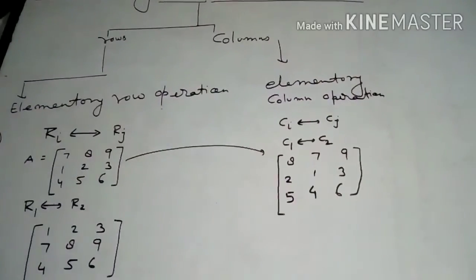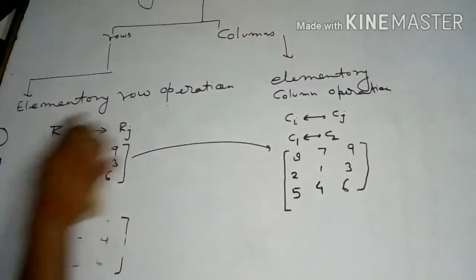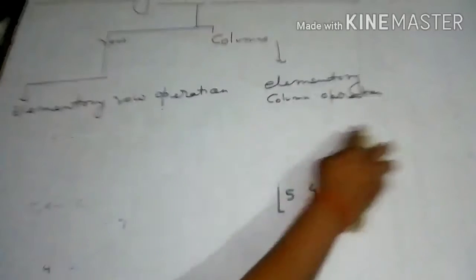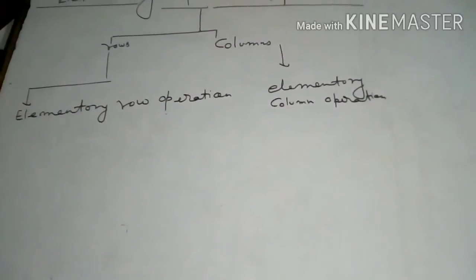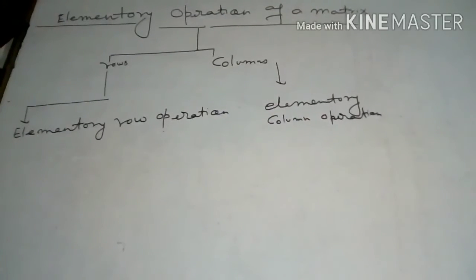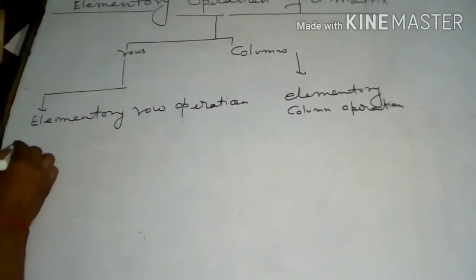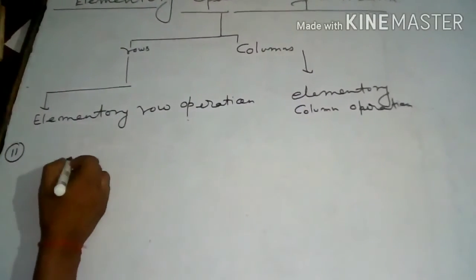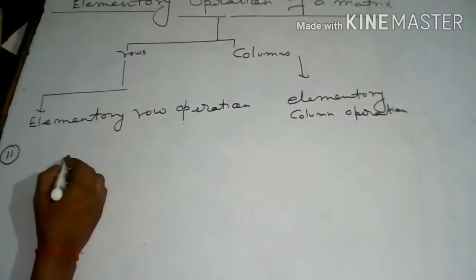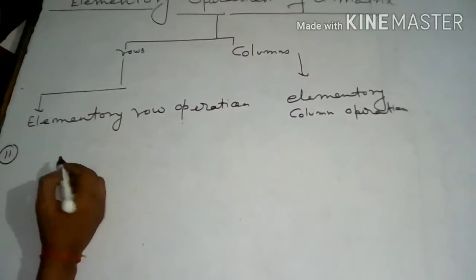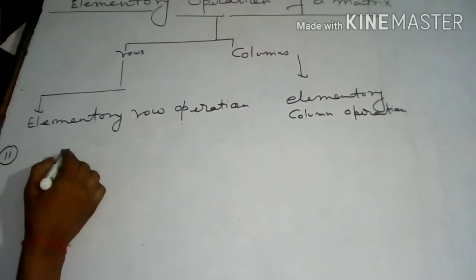Now second, the multiplication of the elements of any row or column by a non-zero number.